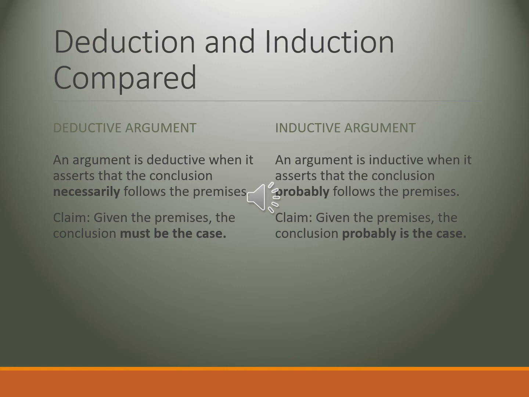Before we look at typical types of deductive arguments and typical types of inductive arguments, let's do one last little comparison here where we have them side by side and we can try to determine more clearly the distinction. So as we know, deductive arguments are distinguished by the idea that the argument claims, given a certain set of information or the premises of the argument, the conclusion necessarily follows.